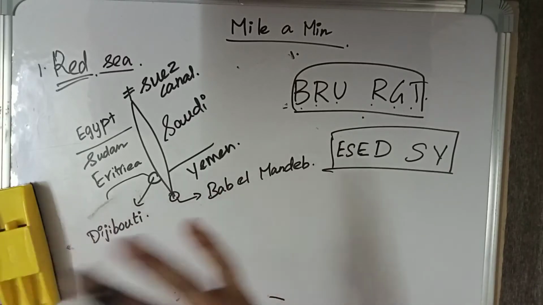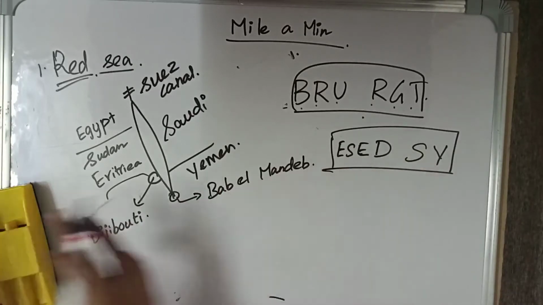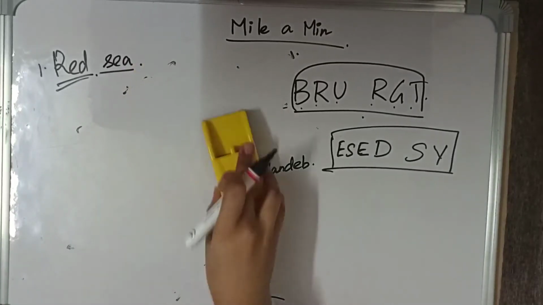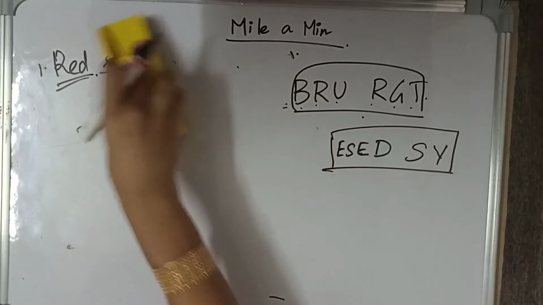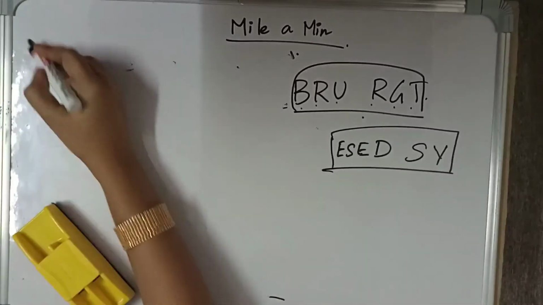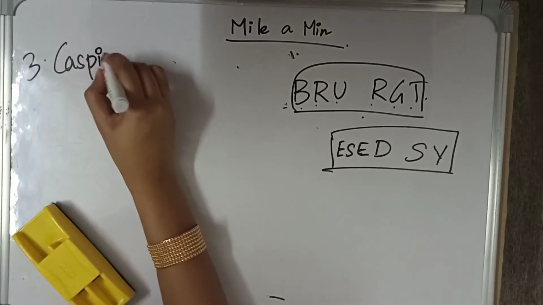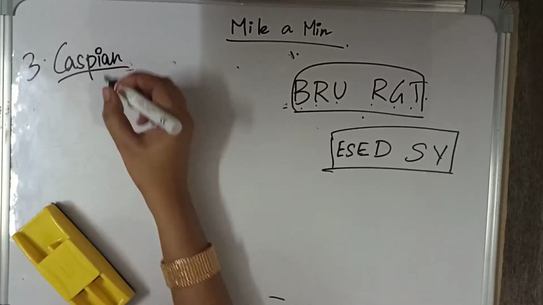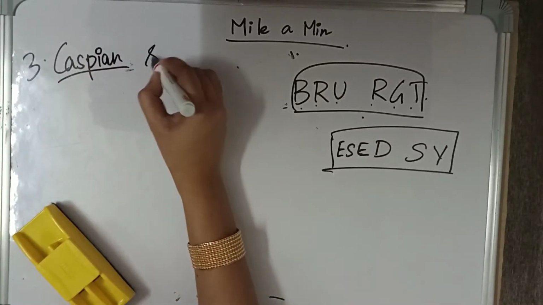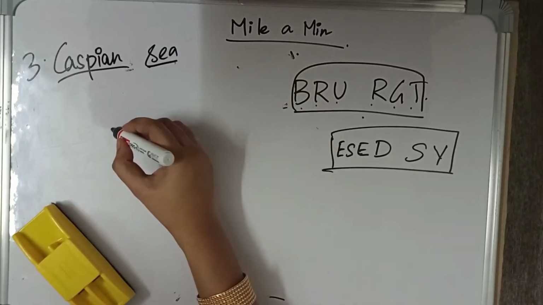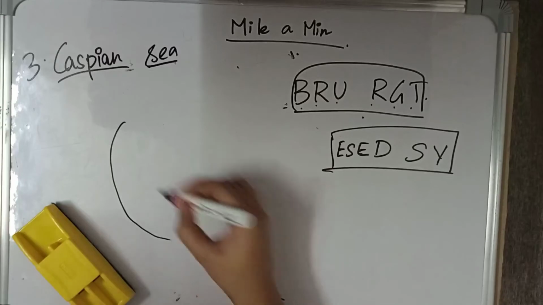Okay, then let us go to Caspian Sea. The third one is Caspian Sea. Caspian Sea will be something like this.